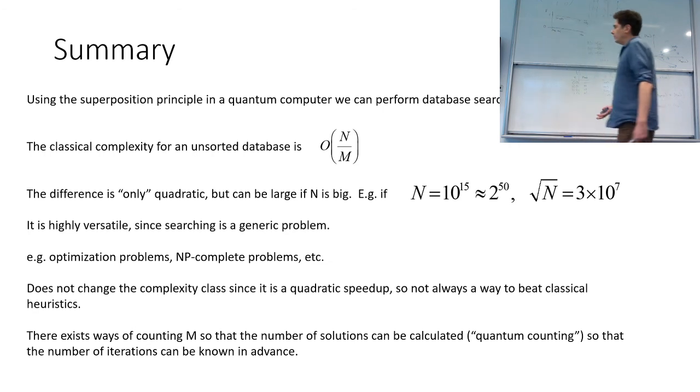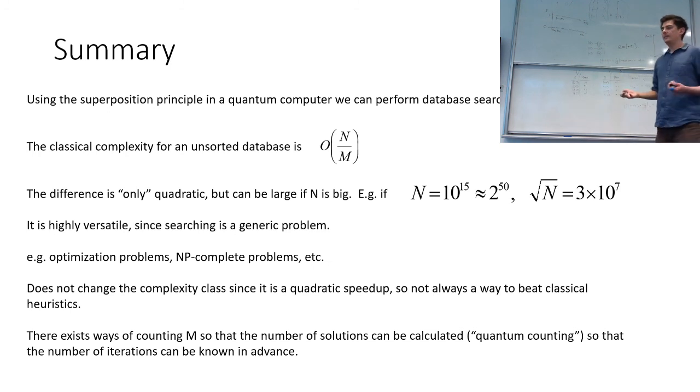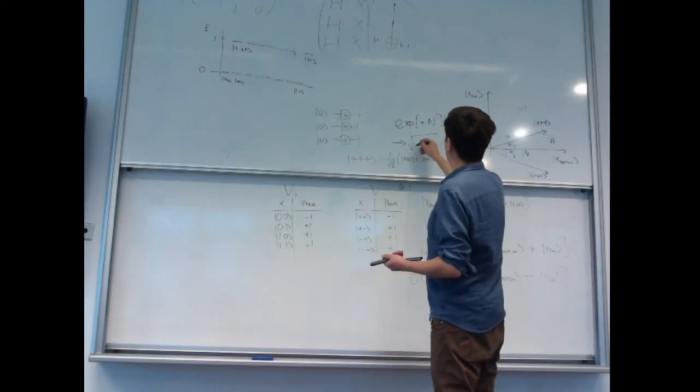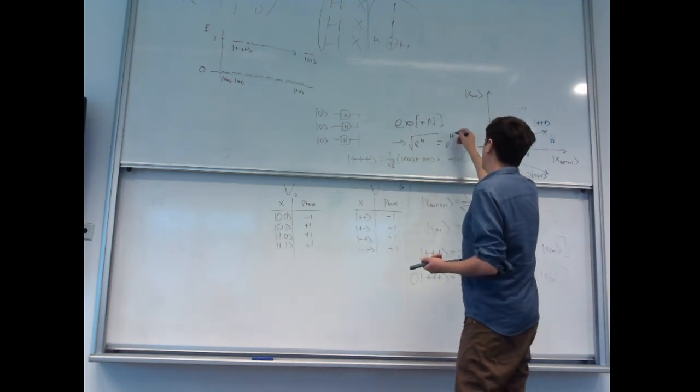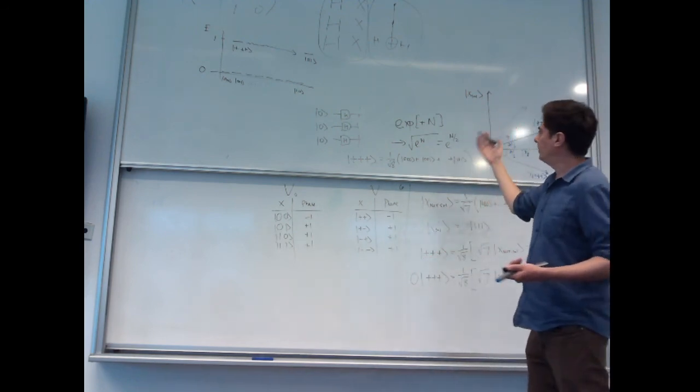The answer is basically still no, because if you have a problem that scales as exponential, say the time complexity of an algorithm scales like e to the n, and you apply Grover's algorithm, then it becomes the square root of e to the n.